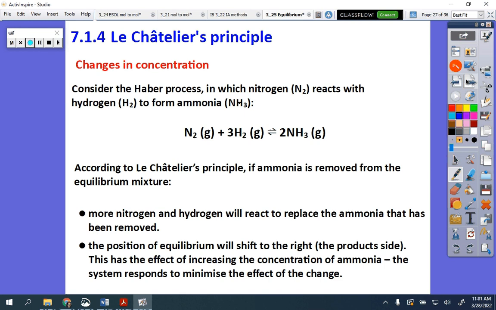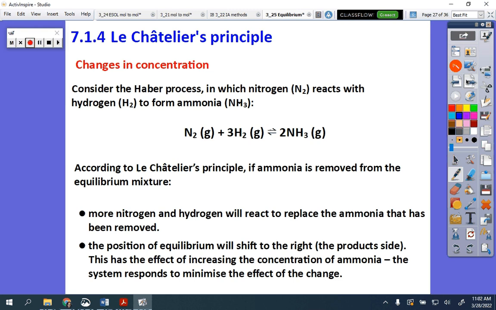And that has the effect, so by taking ammonia out, we've decreased the concentration of ammonia, and the system will react to increase the concentration of ammonia to make up for that decrease. So it will react by shifting towards the production of ammonia, minimizing the effect of the change.